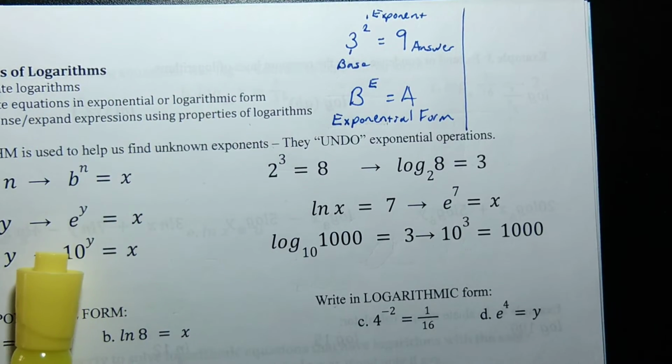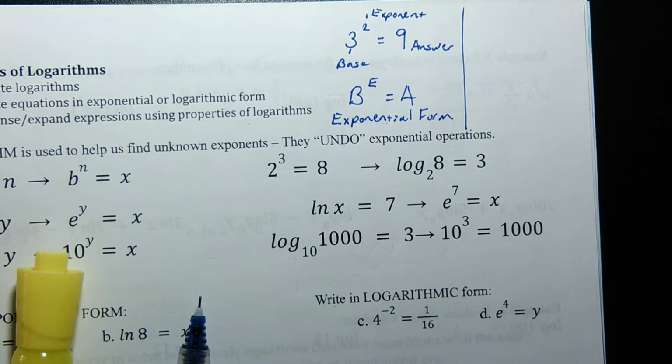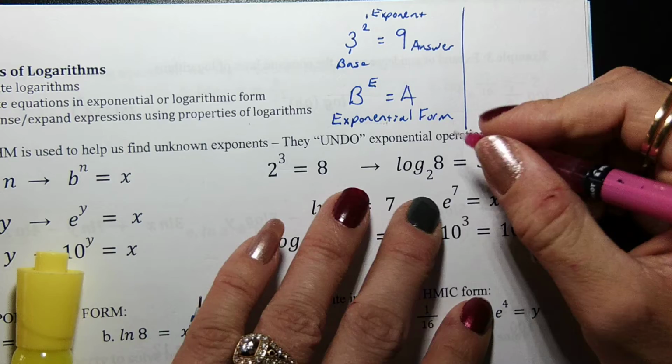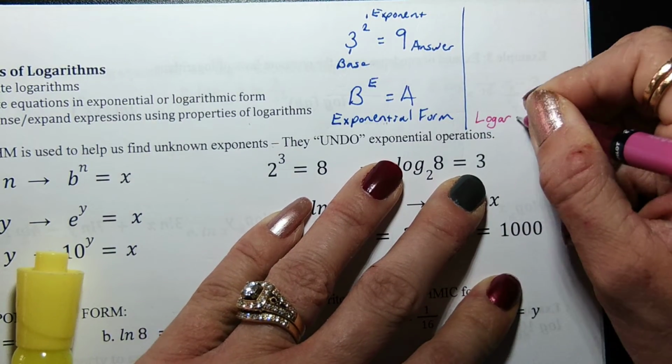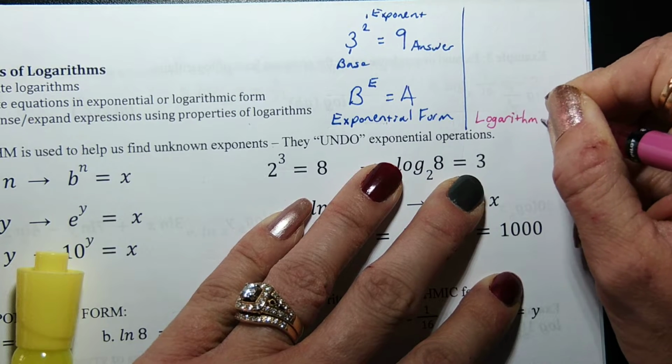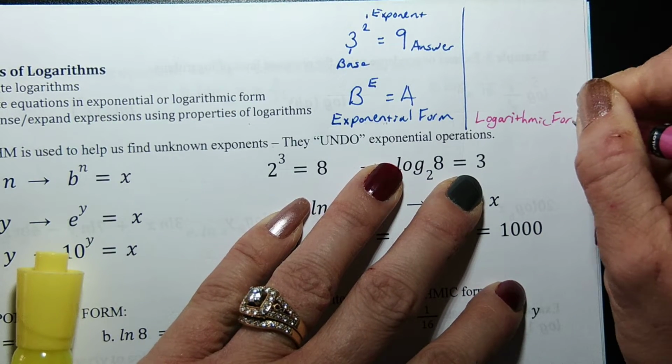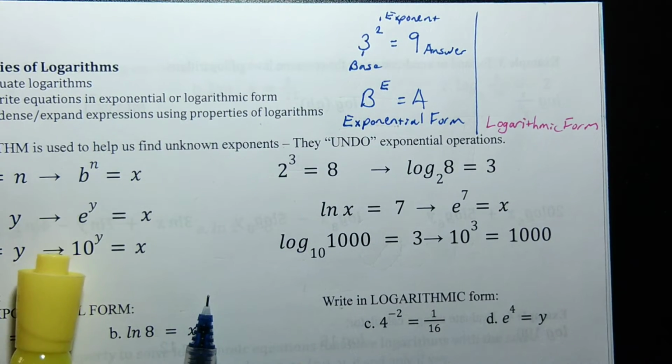Now to the right, what we are going to see is that logs are another way of rewriting exponential form. So we call this logarithmic form. It's spelled logarithmic form. And it is a way of rewriting. Now, one thing we have seen before with going back and forth between two forms was the last unit.